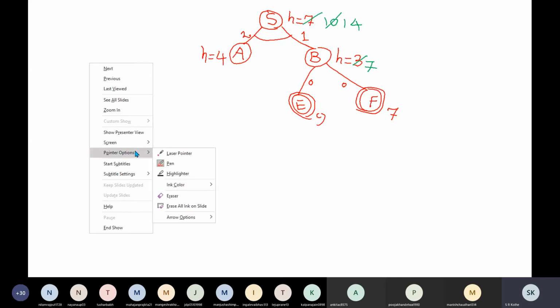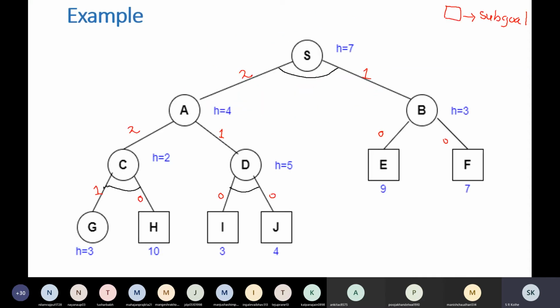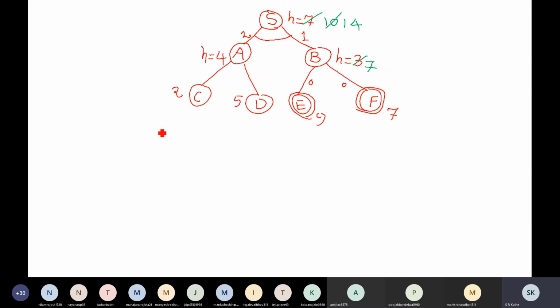The cost of arcs are 2 and 1. And what type of arc is it? It is OR. No problem.